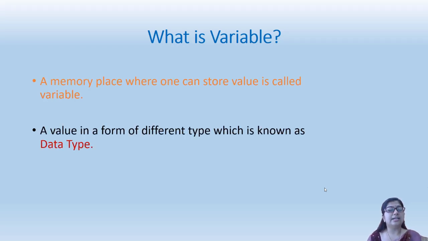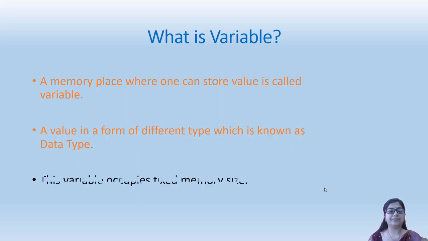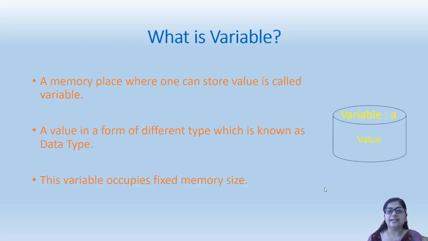A value in the form of different types is known as a data type. This variable occupies a fixed memory size. Here we have an example in a figure. At first, the variable name, and we can store some value into a variable.